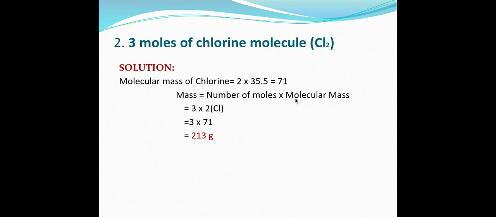How many moles are given? 3 moles, given in the problem. So 3 into 2 chlorine atoms, that is 3 into 2 into 35.5, and 2 into 35.5 is equal to 71. So 3 into 71 is equal to 213 grams.